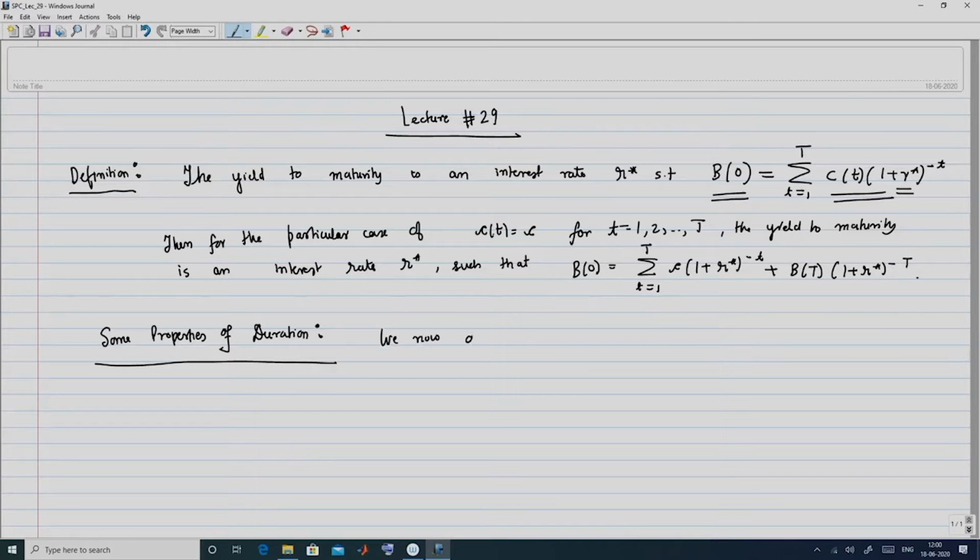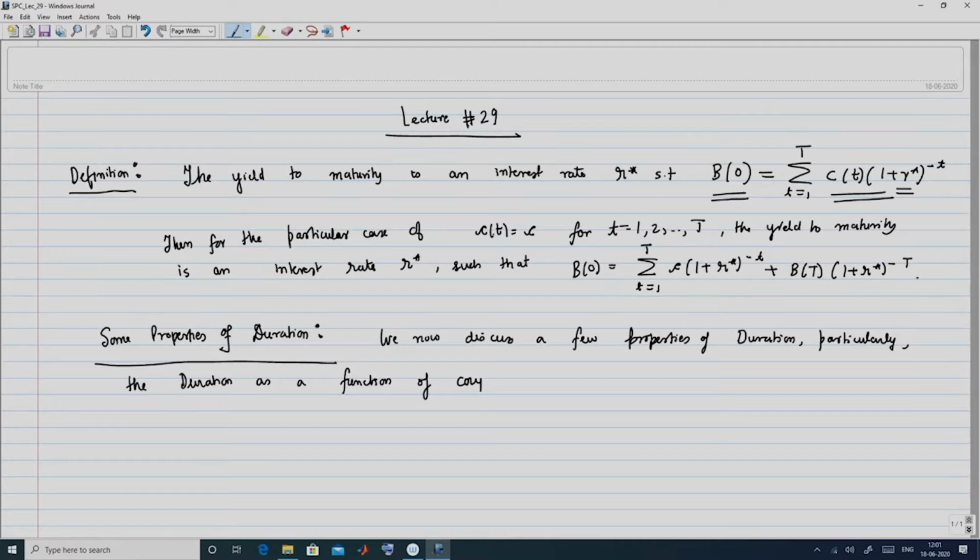So, we now discuss a few properties of duration, particularly the duration as a function of three things, namely the coupon rate, the yield to maturity and the maturity itself.